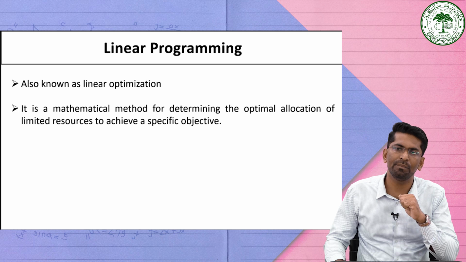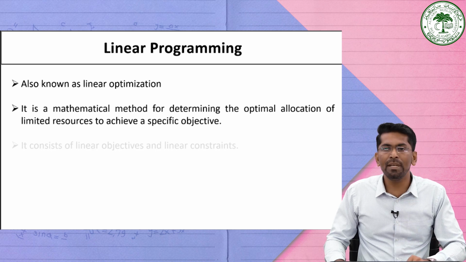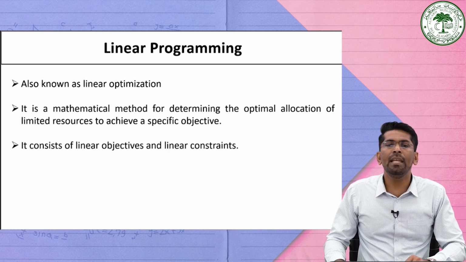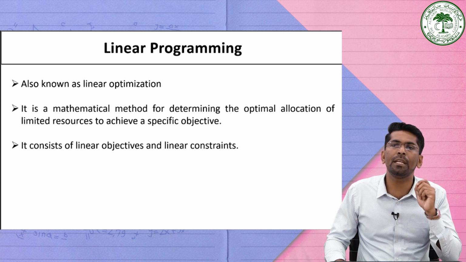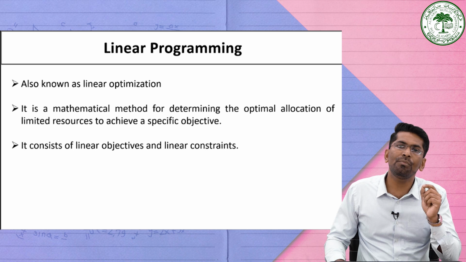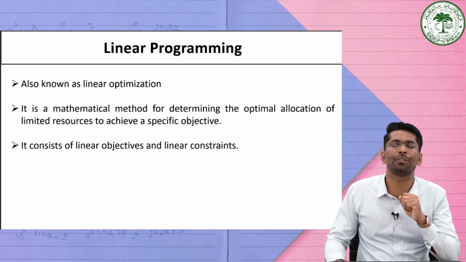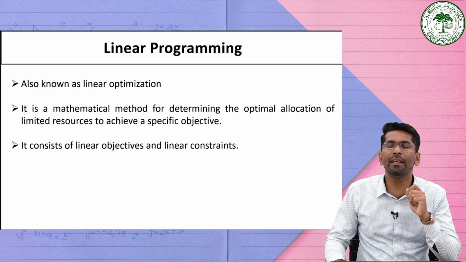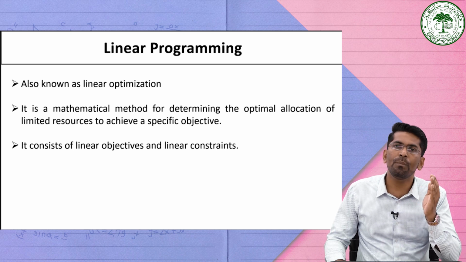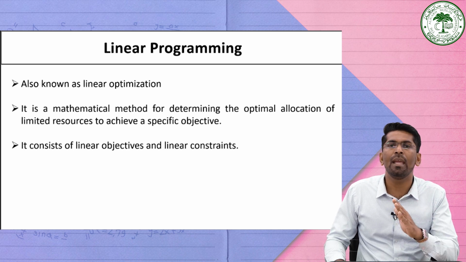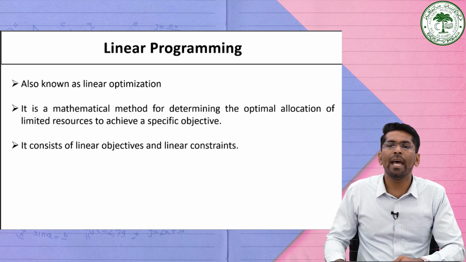As its name implies, linear programming consists of linear objectives and a set of linear constraints, which means that the variables in a model have a proportionate relationship. It deals with problems where both the objective function and the constraints are linear in nature.